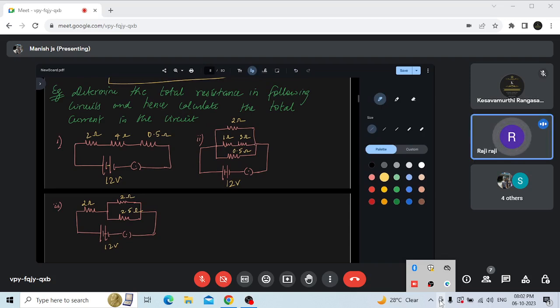Series, sir. The first circuit, resistors in series. Whether they are in series or parallel? Series connection, sir. Rs equals R1 plus R2 plus R3, just looking at it.